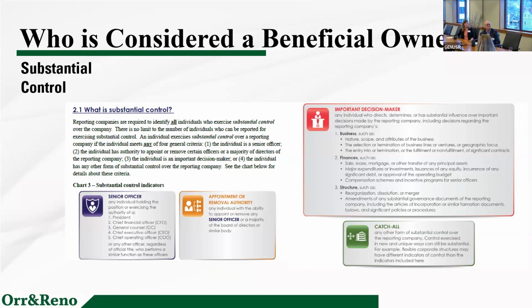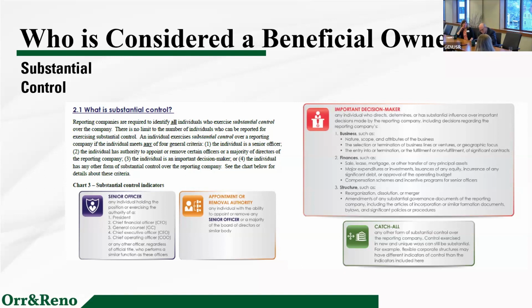And they've helpfully listed some of those, which are president, CFO, general counsel, chief executive officer, and chief operating officer. So if you're one of those things, unless the other exception I just talked about for employees applies, then you would need to be listed.